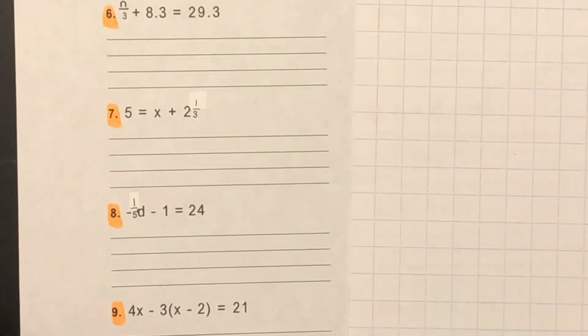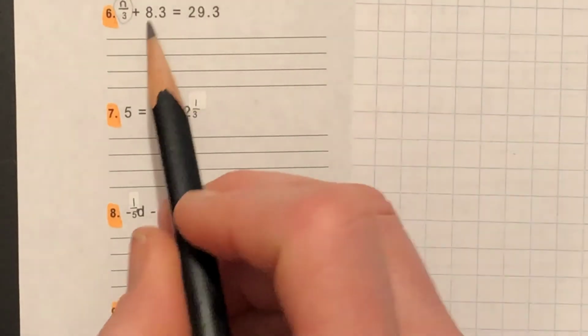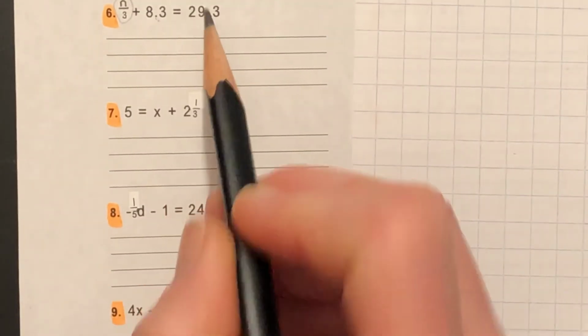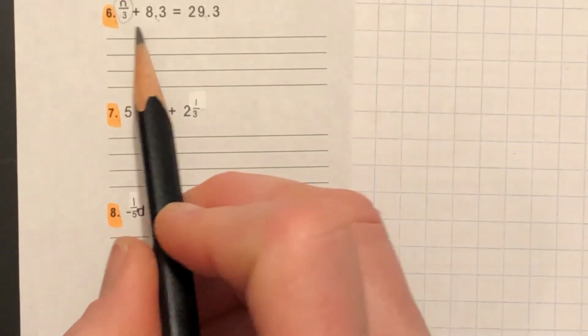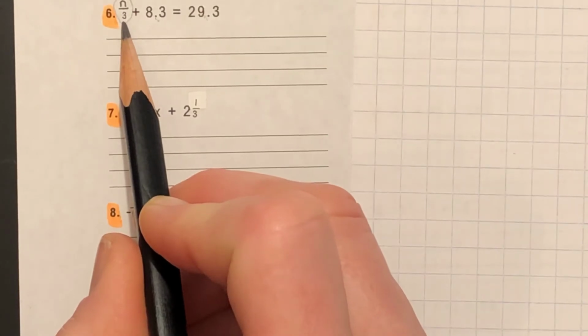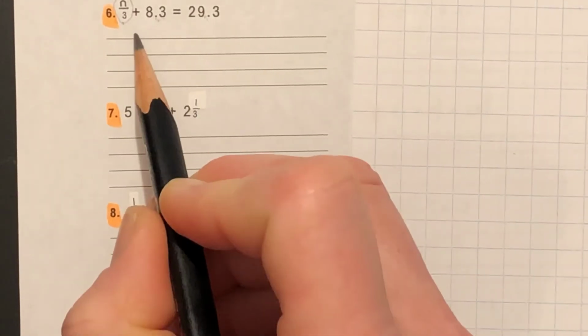Number 6, n divided by 3 plus 8.3 equals 29.3. So let's see, here's my variable term, then I've got a constant on this side, and then just a constant on that side. That means that I need to isolate just my variable term first. I'll subtract that to get rid of it.